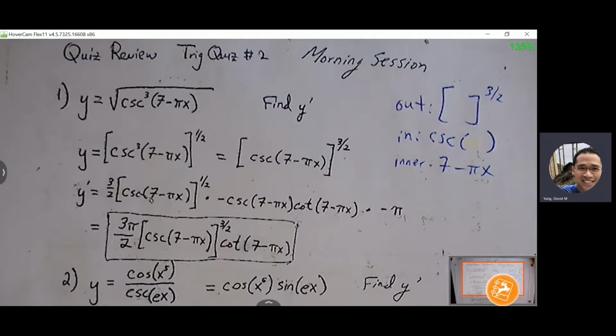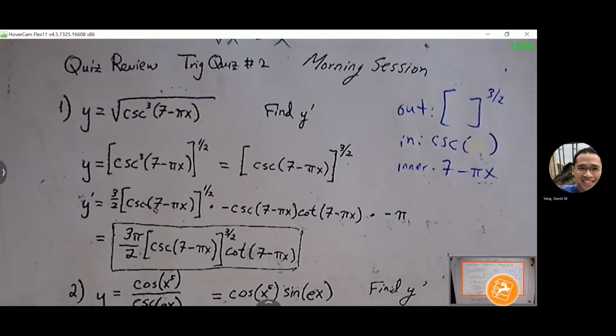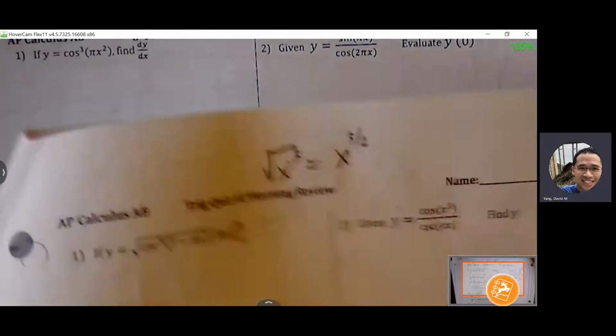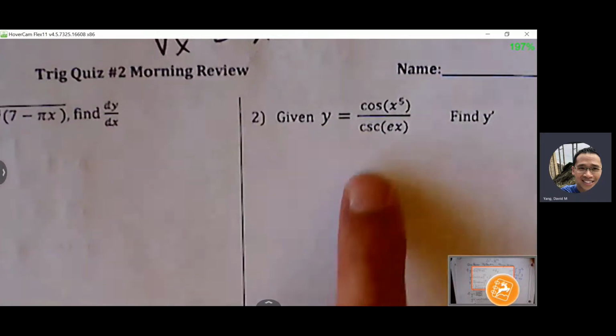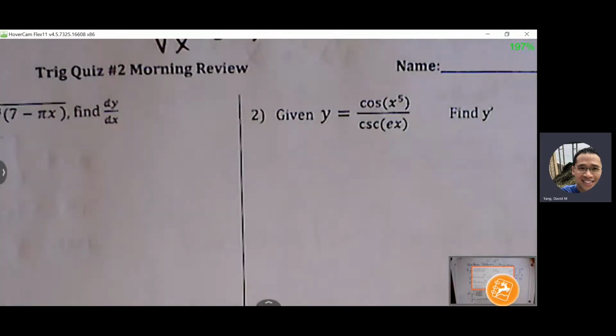Okay, take a look at number 2. So look at how number 2 is set up. What rule is involved if we want to find the derivative? Good, quotient rule.